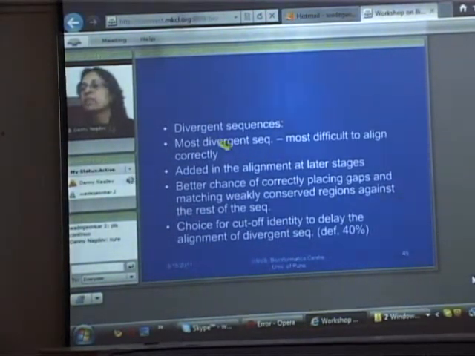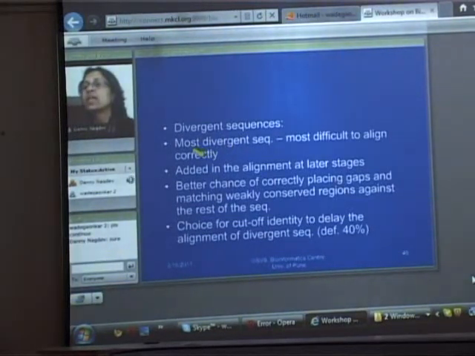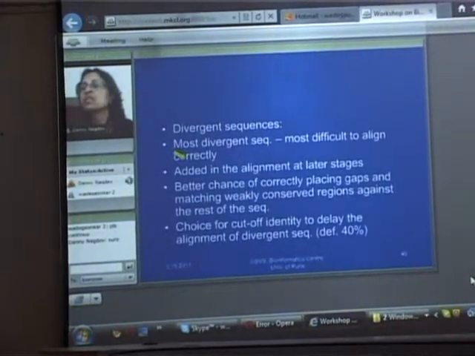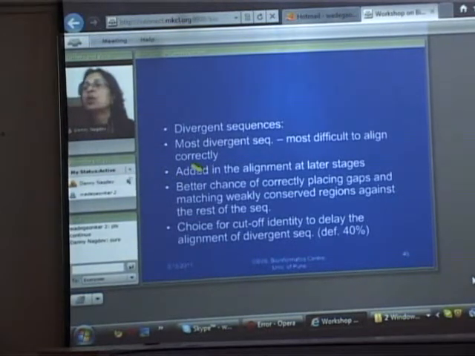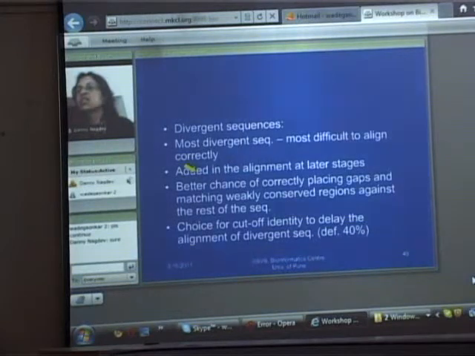That is why it becomes very difficult to align such divergent sequences. Therefore, to avoid errors being introduced in the final step of progressive alignment, what Clustal does is, the more divergent the sequence, the more it delays the addition of that sequence in the final alignment. So more divergence, added later.